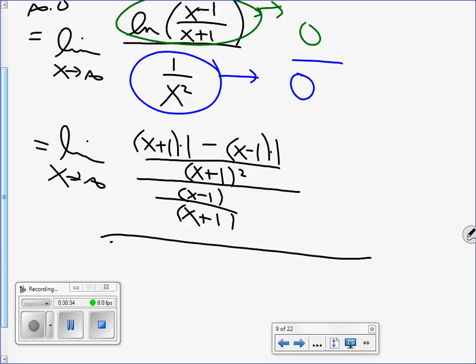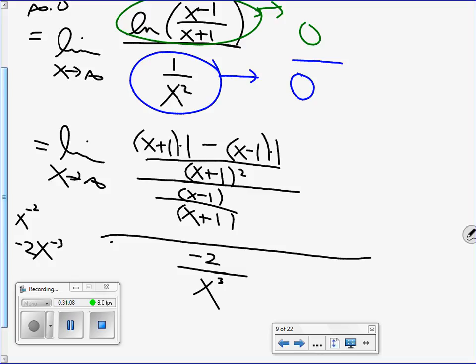Let me see. Well, that's x to the negative 2. 1 over x squared is the same as x to the negative 2. So the derivative is negative 2x to the negative 3. It's negative 2 over x cubed. The derivative of 1 over x squared is the derivative of x to the negative 2, so you get negative 2x to the negative 3.